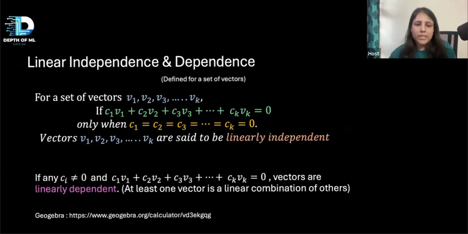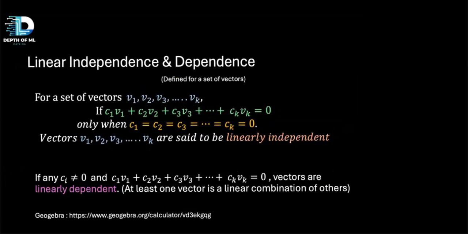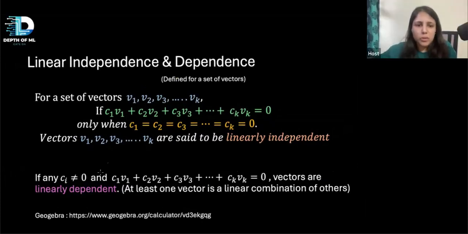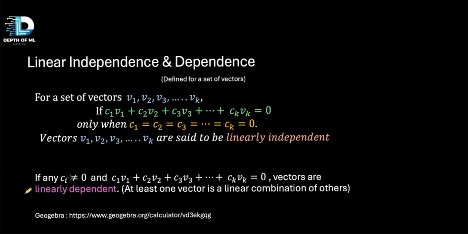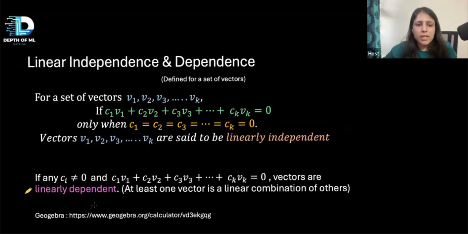But we can prove that it's not linearly dependent, because I will never be able to find a non-zero Ci so that the equation gives me a zero vector. So this is via the second definition: if any Ci is not equal to zero, the vectors are linearly dependent. So I will say that I'm not able to find any Ci which is not equal to zero.